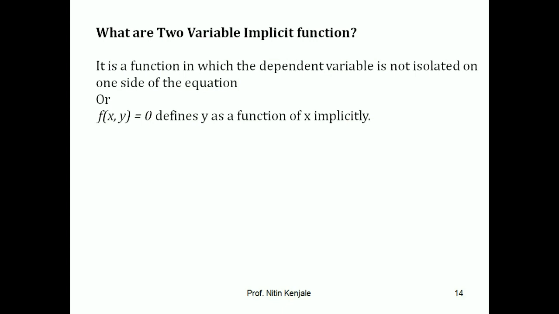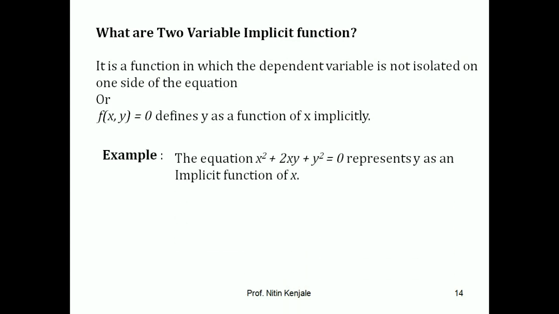Or when we say f of x comma y is equal to 0 and y is a function of x, then y is called an implicit function of x. For example, in the equation x square plus 2xy plus y square equal to 0, you can consider y as a function of x. Therefore, y is an implicit function of x.